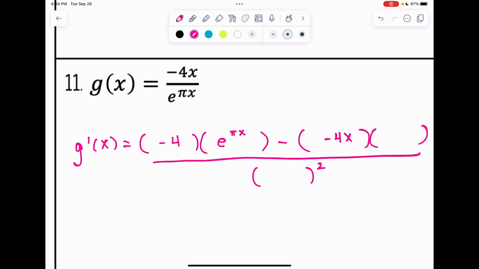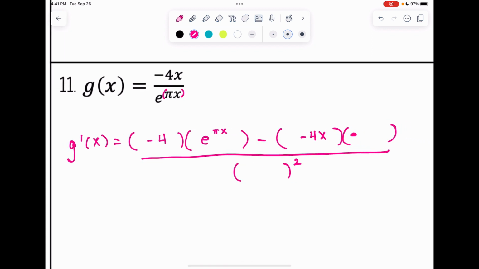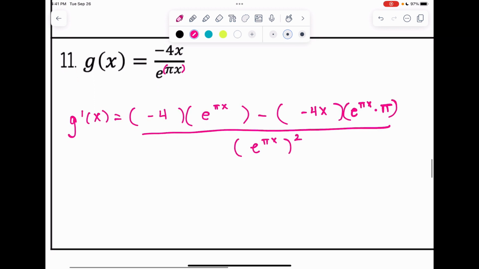So the derivative of e to the pi x. Notice here it's not just e to the x. We're going to have to do chain rule here. So this is e to the pi x times pi. And our denominator is always whatever the original denominator was, squared. I'm just going to slightly clean this up.